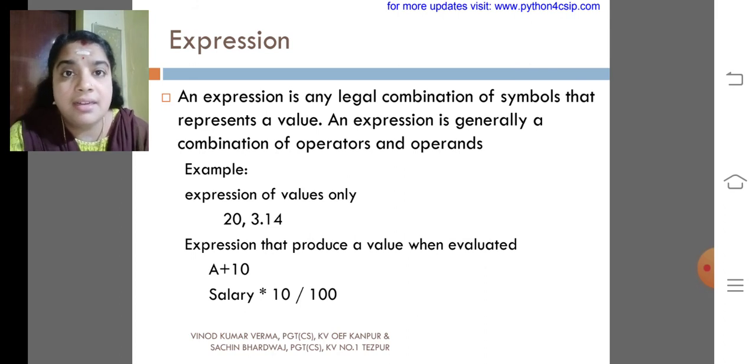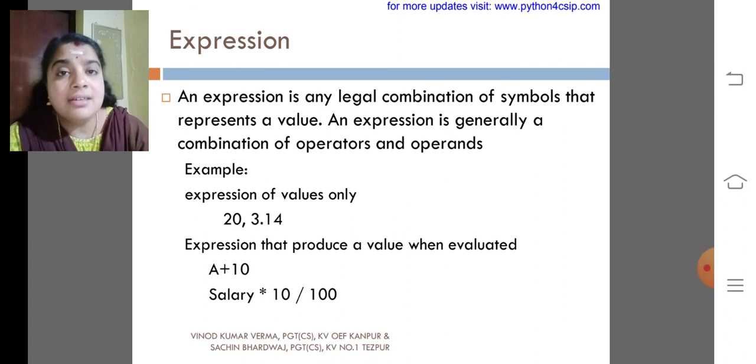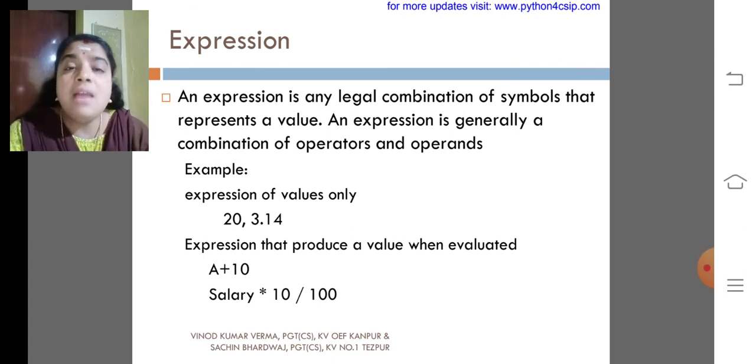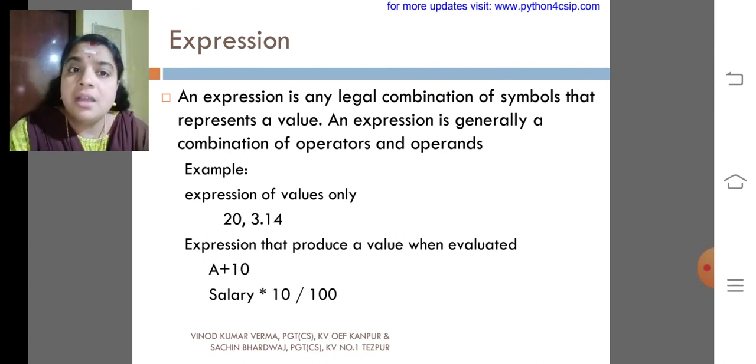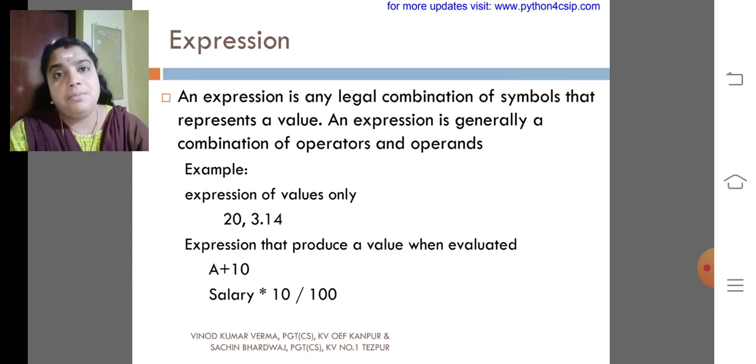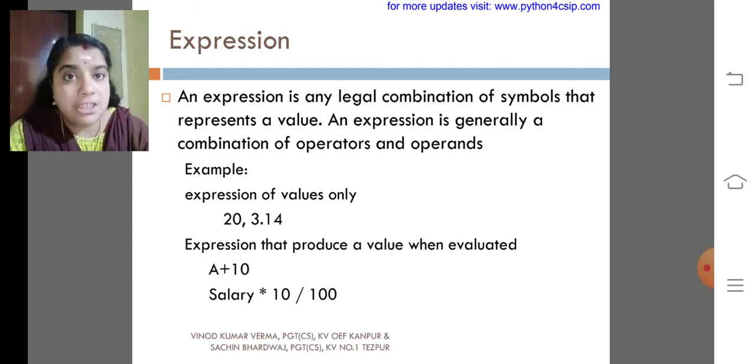A and 10. What is the operator I used? Plus. Salary into 10 divided by 100. What are the operands I used? Salary, 10, 100. And what are the operators I used? Into and division. So my dear children, an expression is nothing but the combination of operands and operators.